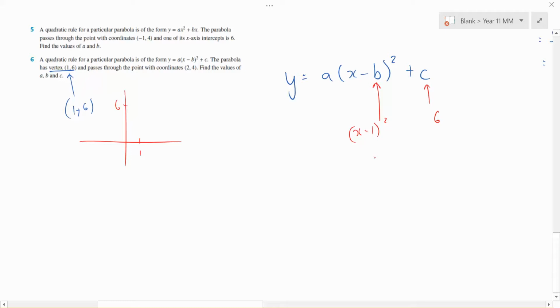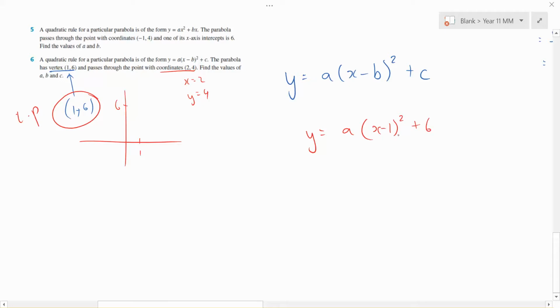Okay, and then they tell you another coordinate: when x equals 2, y equals 4. So right now, all I know is this is my equation so far based on the turning point, because they said the turning point is (1, 6). Then I already know that it has to be a(x minus 1) squared plus 6.